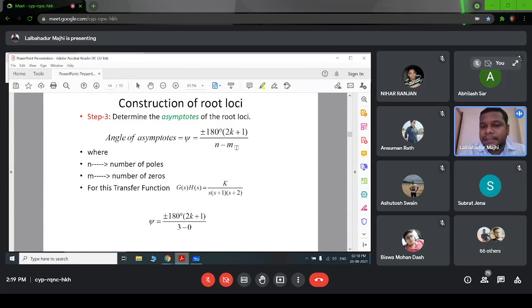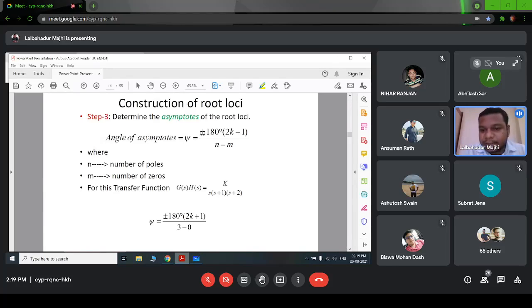You can also write p minus z to simplify, where p is poles and z is zeros. So the angle of asymptote is calculated by this formula: plus minus 180 into (2k plus 1) divided by number of poles minus number of zeros.